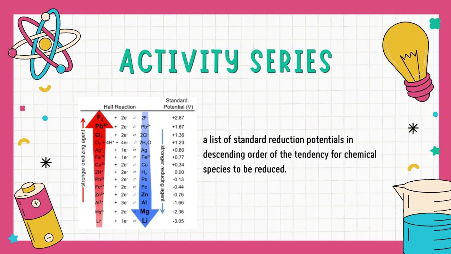The species at the top have a greater likelihood of being reduced, while the ones at the bottom have a greater likelihood of being oxidized. Therefore, when a species at the top is coupled with a species at the bottom, the one at the top will become reduced while the one at the bottom will become oxidized. Below is a table of the standard reduction potentials.